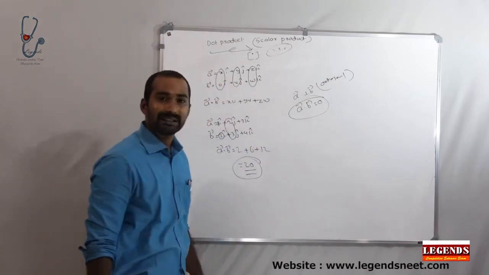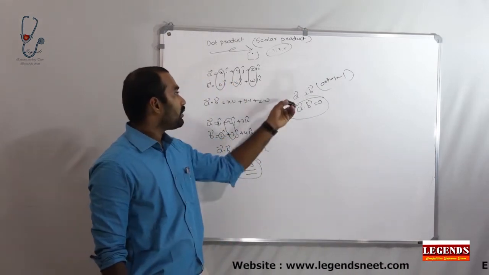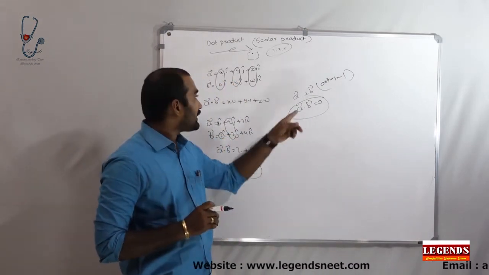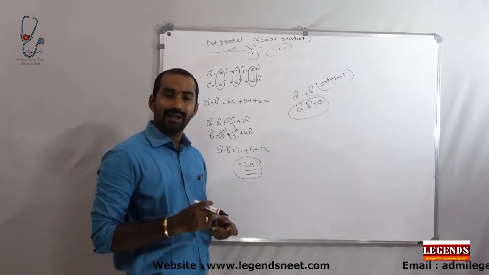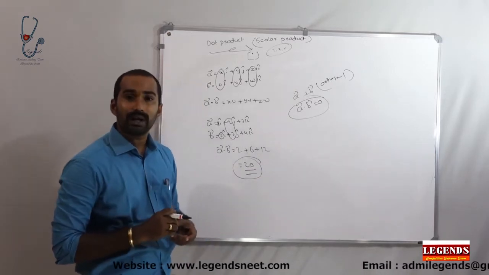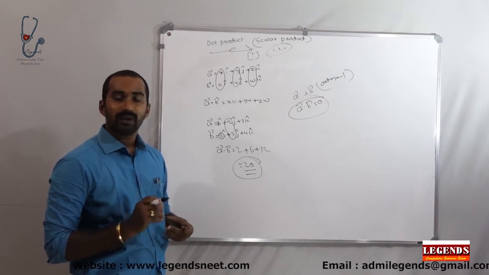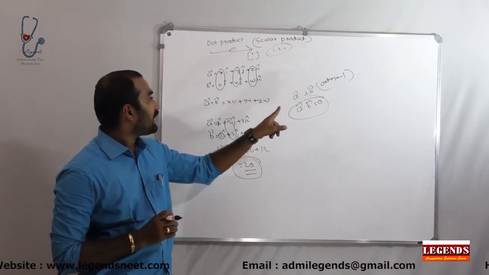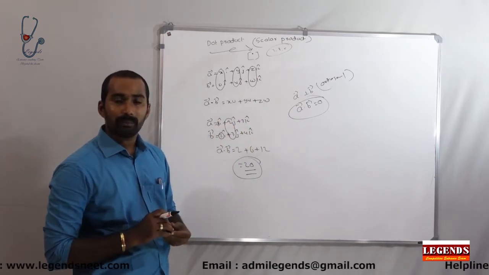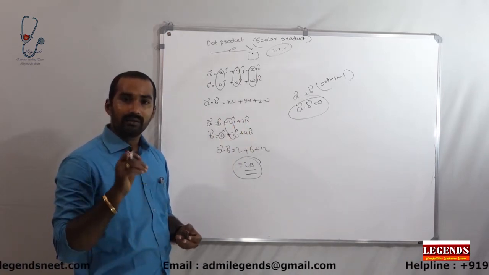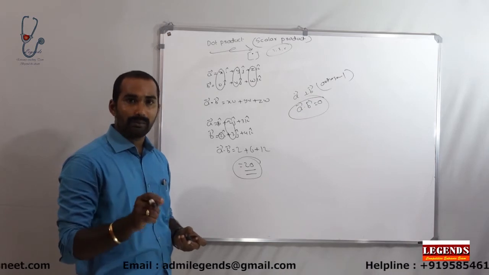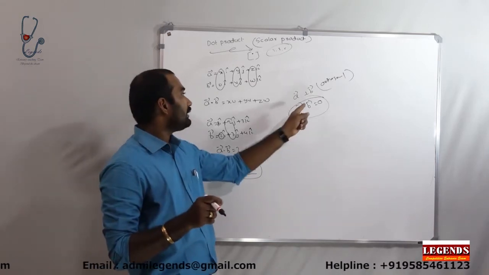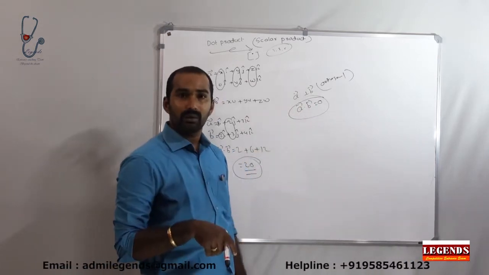If the dot product of two vectors is 0, then we can say that the given two vectors are perpendicular or orthogonal. If the dot product is not equal to 0, then the vectors are not perpendicular.